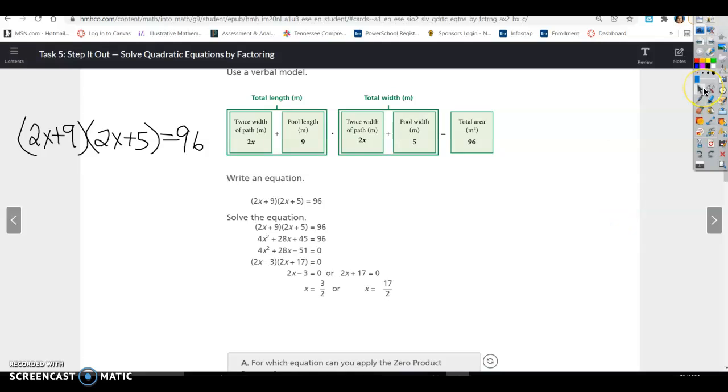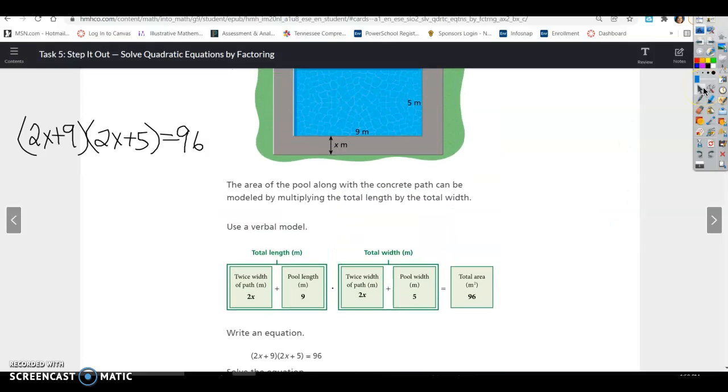We also know that just the pool itself is 9 times 5. Length times width of the pool is 45 meters squared. So we've got to find what is the distance of the concrete.